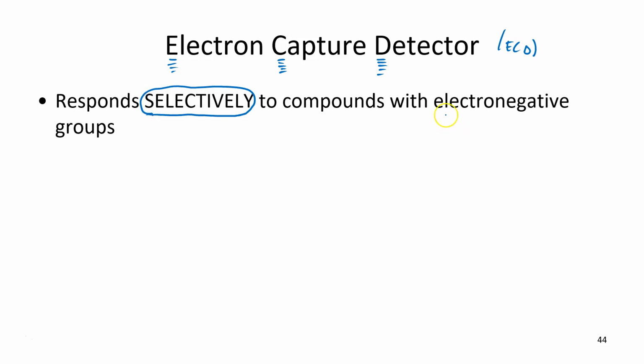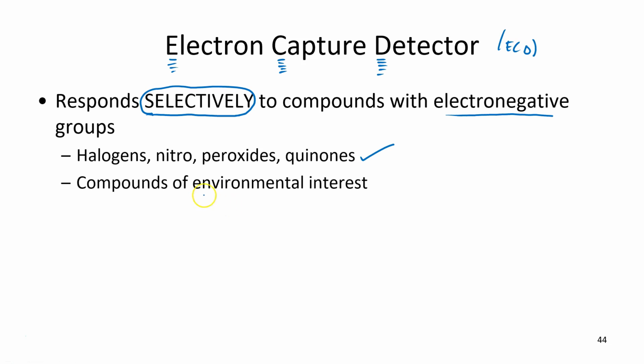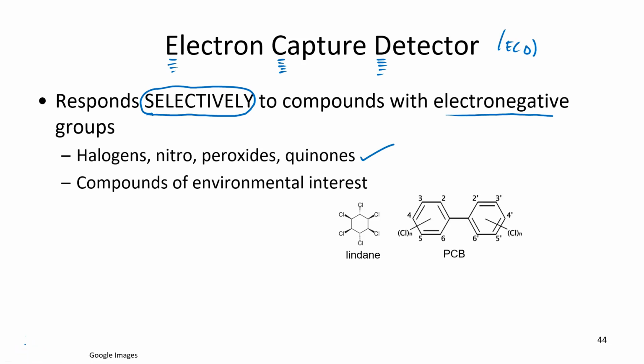It's selective toward compounds with electronegative functional groups, such as the ones shown here, and oftentimes compounds with these types of functional groups are of interest from an environmental perspective. For example, pesticides like lindane or polychlorinated biphenyls, which were used as insulators, and a few other pesticides.